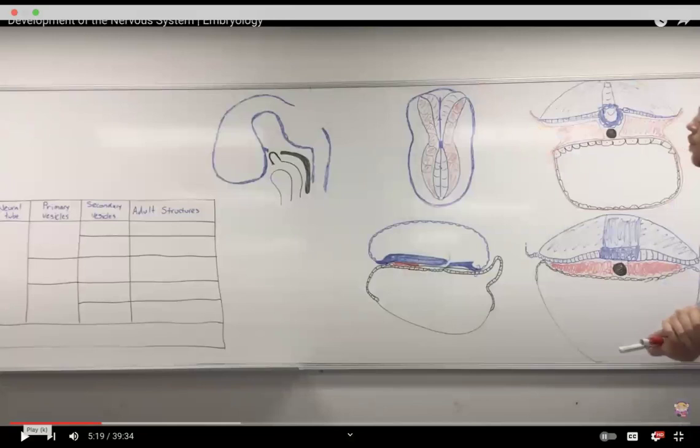Yes, I just have a question. If that zips, is the middle where it first starts? Behind the primitive node, is the neural tube starting to close in the center, around the same level as the primitive node, and then going up and down?